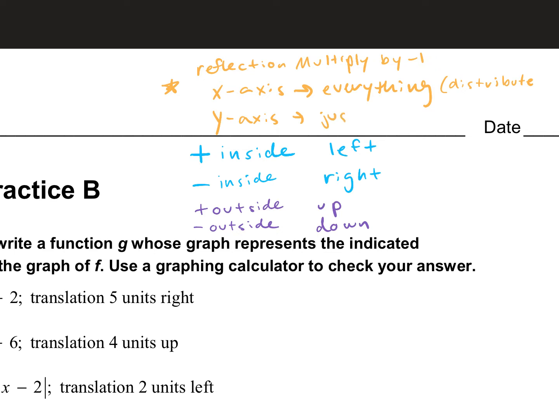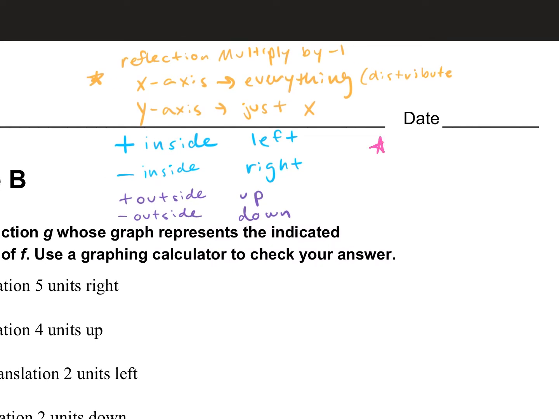Just the x. And then also, if we have a stretch or a shrink, we multiply to everything. So we would most likely have to distribute if there's more than one thing.